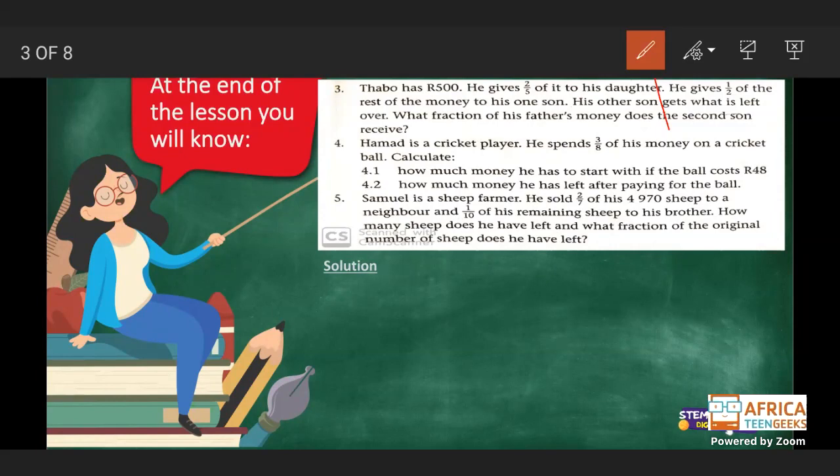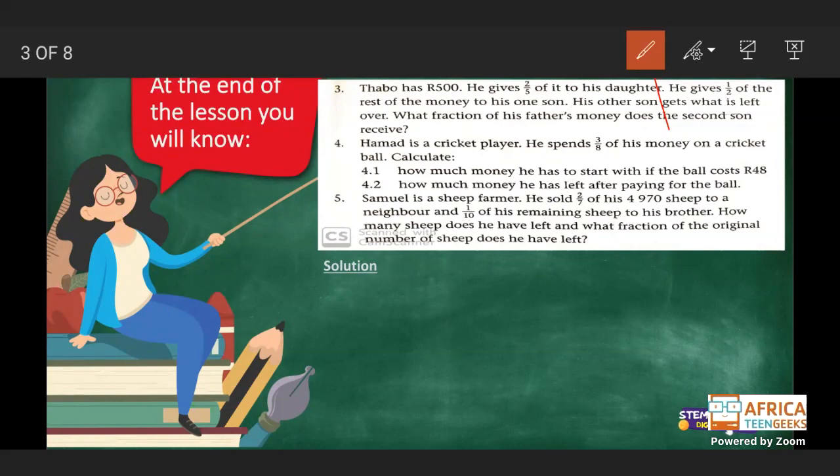So the remaining sheep, they say 1/10 of his remaining sheep, were sold to his brother. So he sold to his neighbor, and he also sold sheep to his brother, right?